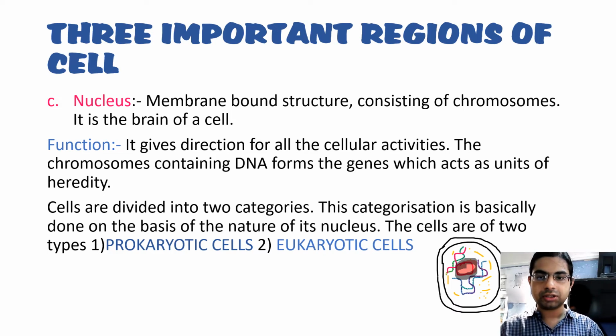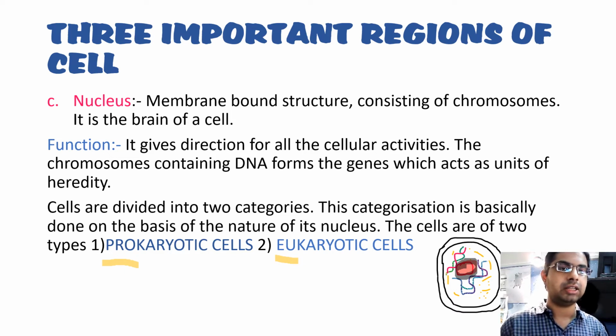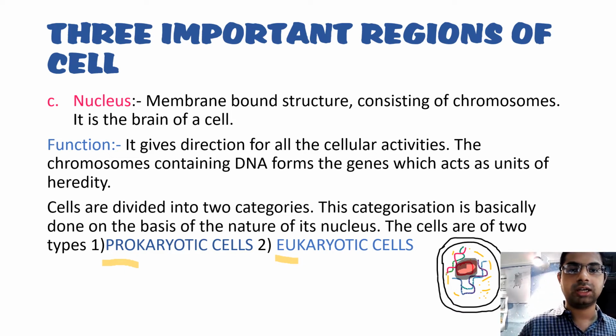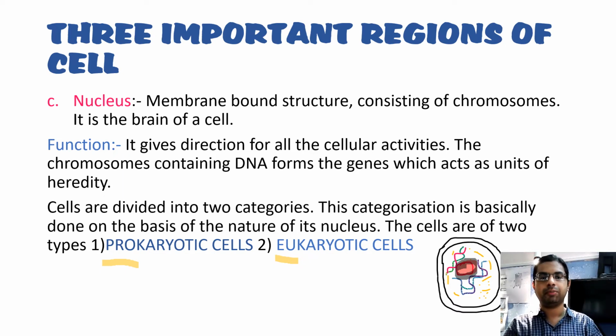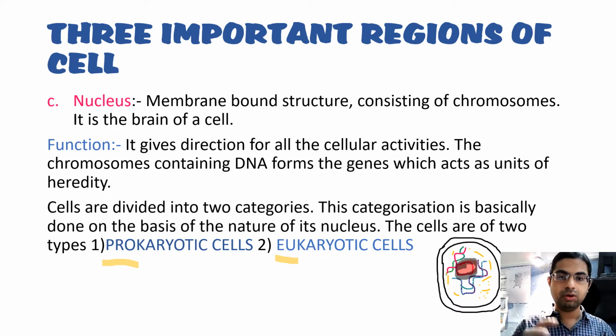Based on the type of nucleus present in the cells, cells are categorized into two types: prokaryotic cells and eukaryotic cells. Pro means old and eu means new. All the unicellular organisms like bacteria are prokaryotic cells, and human beings are made up of eukaryotic cells, that is, new karyotic cells.